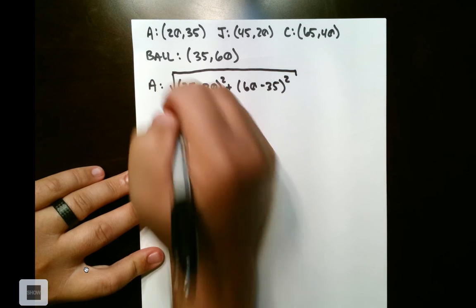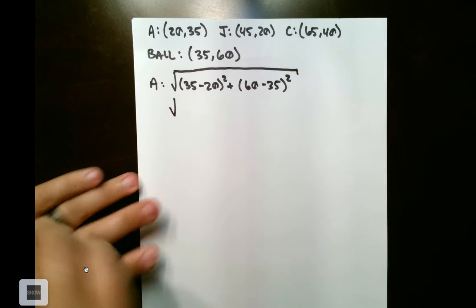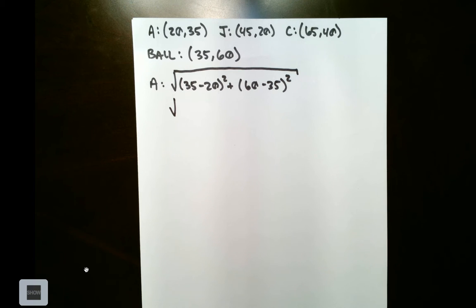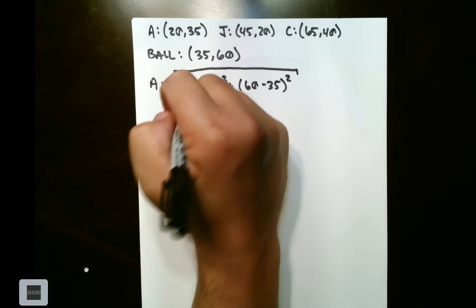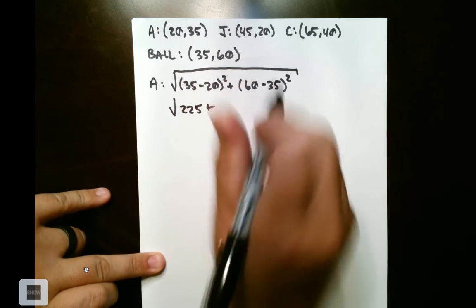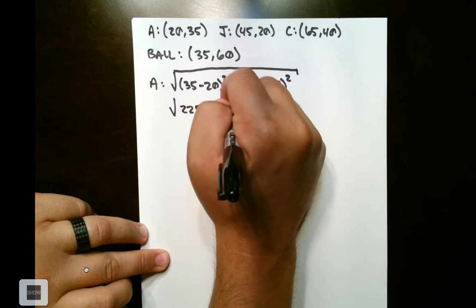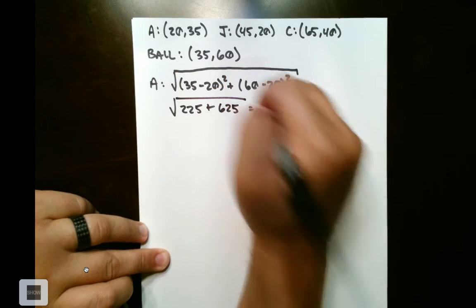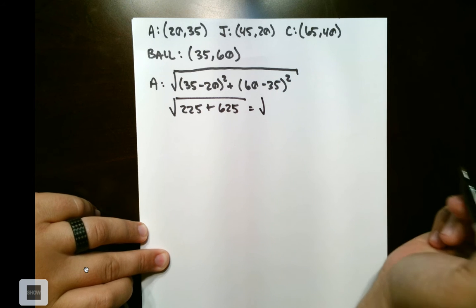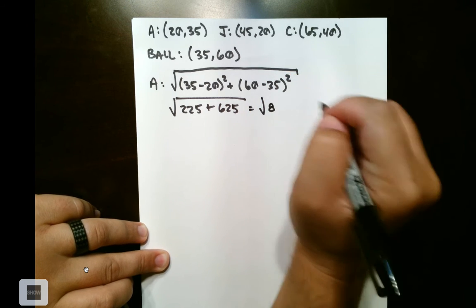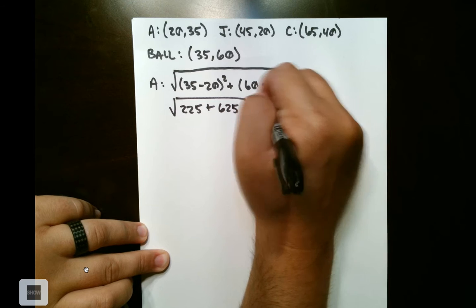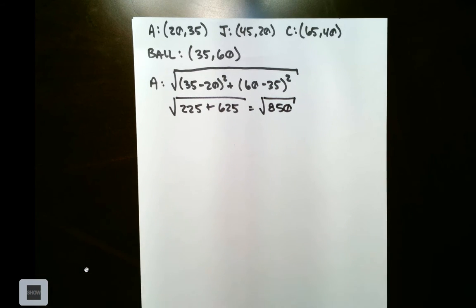If we simplify this, 35 minus 20 is 15. 15 squared is 225. 60 minus 35 is 25. 25 squared, 625. 225 plus 625 is 850. Square root of 850.